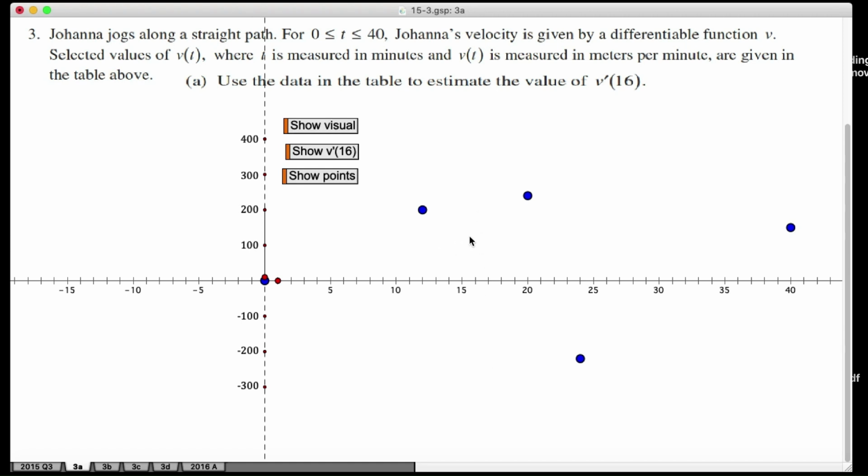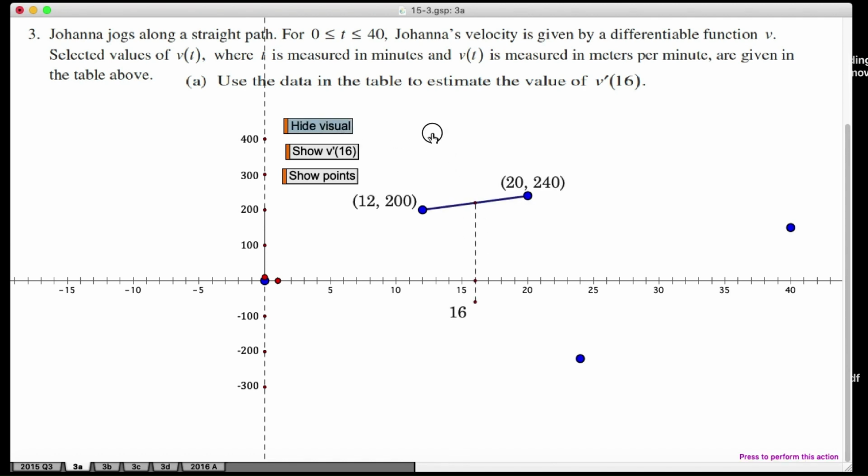Now, we don't know what this function looks like. It could go up here, it could go down here, it could go straight, whatever, but we do know it goes from here to here. Whenever you want to find the slope at a certain point, if it's not given to you, then you want to use the 2 points closest to it on either side, because that would be the most accurate.